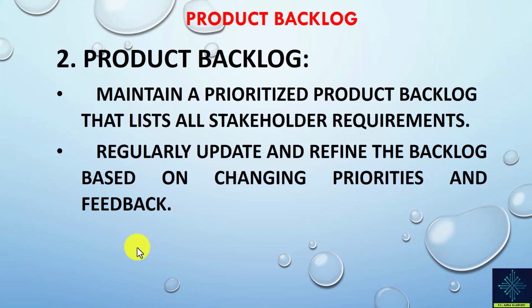The second tool is the product backlog, and in general we have to maintain a backlog for the requirements of the stakeholders. Once we identify the stakeholders, then we have to head into identifying their requirements, and we have to prioritize these requirements, and we'll keep all of these identified prioritized requirements in a special backlog.